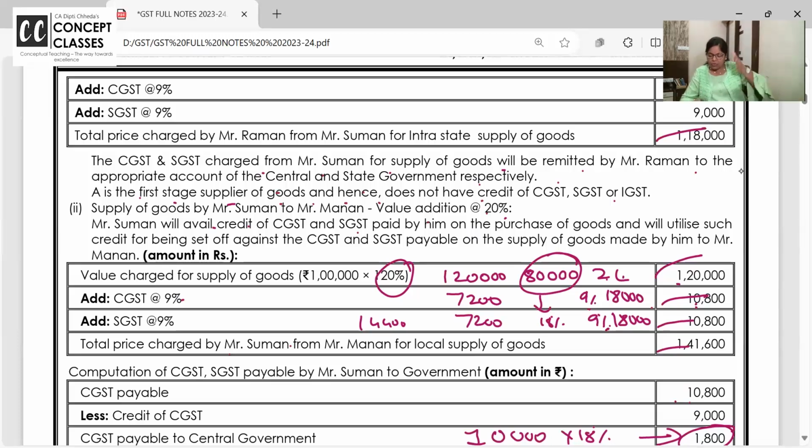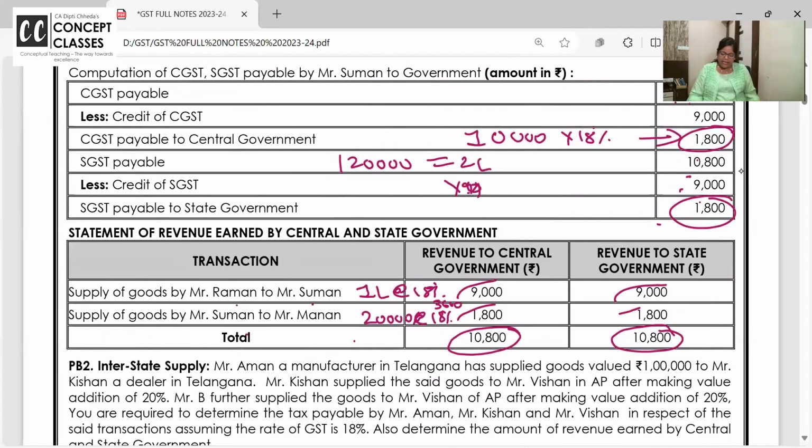So whatever you do value addition, that much tax you have to pay. See, I have sold the goods at 2 lakh. I collected from buyer 18,000, but I've already paid 10,800. So what's the value addition? This much tax I have to pay. Clear to all of you, right?